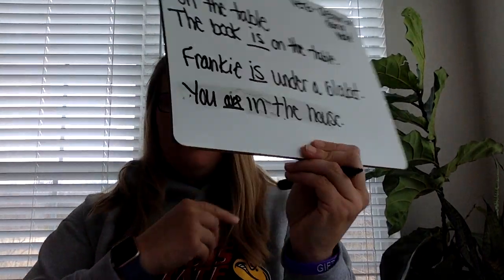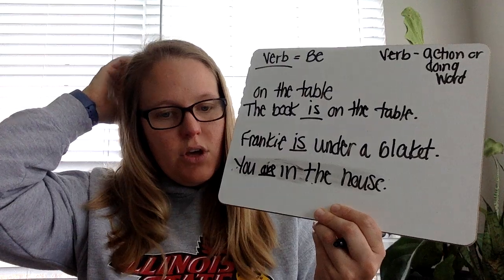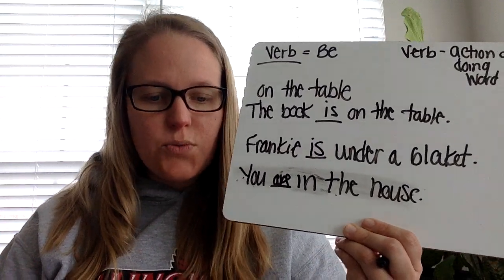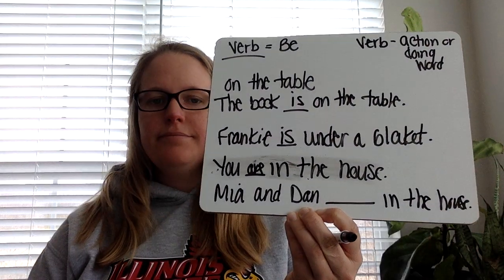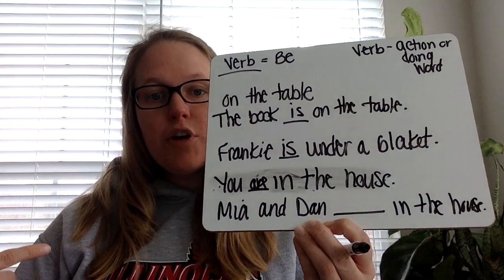Good. You are in the house. Good. How about this last one? Mia and Dan blank in the house. Same kind of thing. Mia and Dan, the verb I'm going to use is are again, okay?